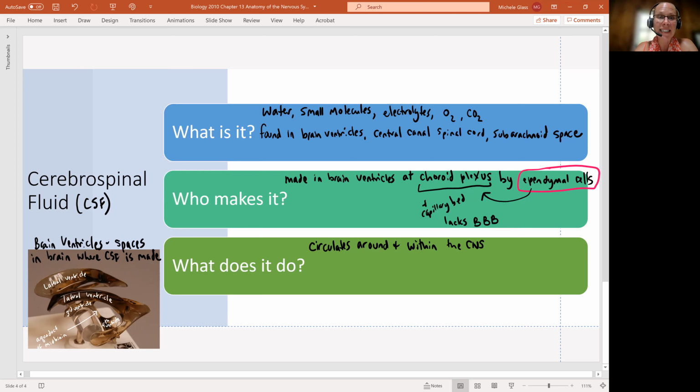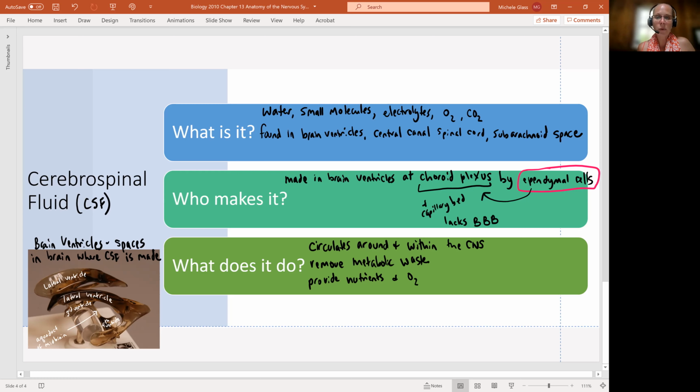And that's the job of the CSF. It's going to remove metabolic waste, and we see it provide nutrients and oxygen to our living cells.